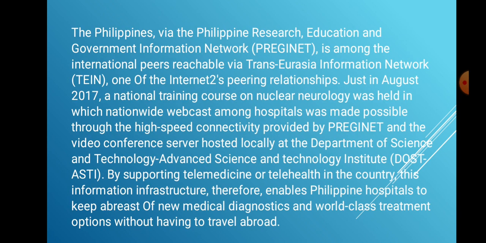The Philippines, via the Philippine Research, Education, and Government Information Network, or PREGINET, is among the international peers reachable via Trans-Eurasia Information Network, one of the Internet 2's peering relationships.